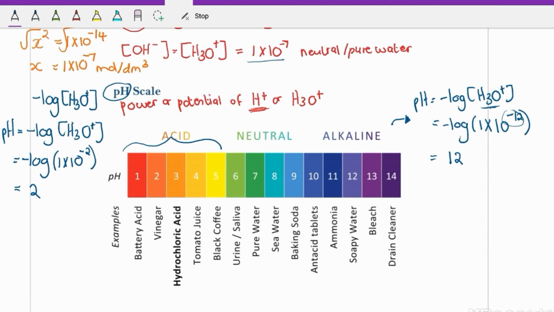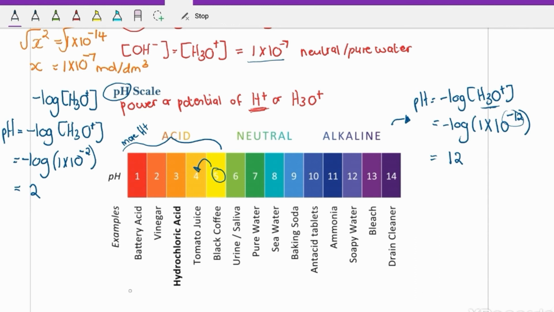The difference between two numbers on your pH scale is a difference of a magnitude of 10. So for example, a pH of 5 means that there are 10 times fewer hydrogen ions than at a pH of 4, because remember, here we have more hydrogen ions when your pH is lower.